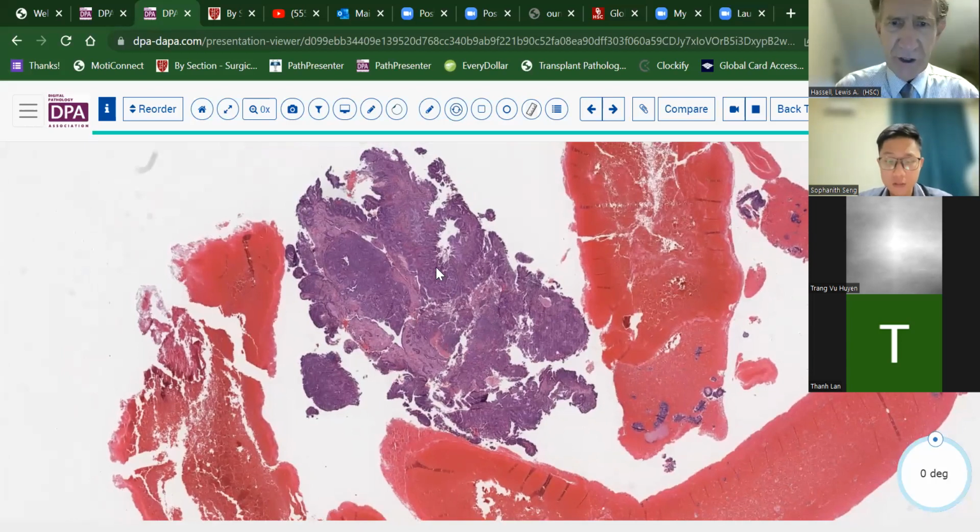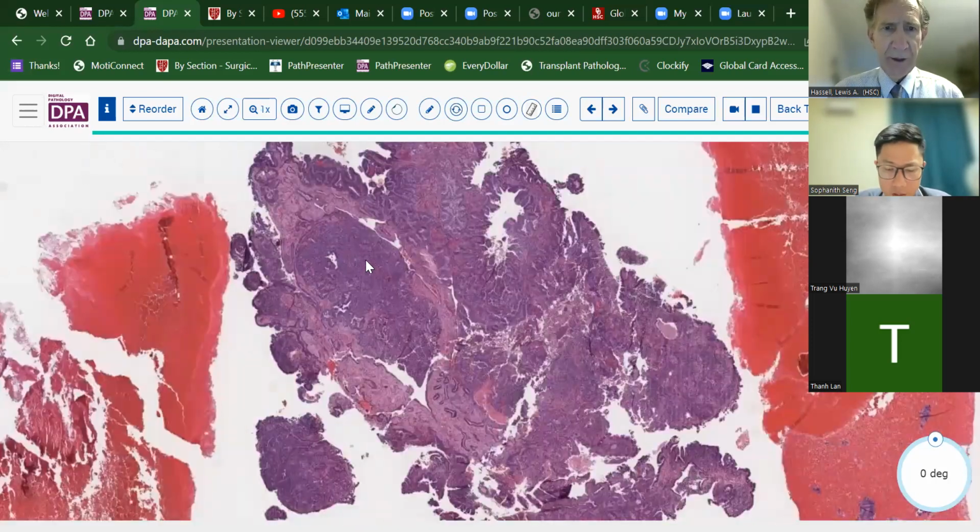So in an older patient, as in this case, seeing a solid proliferation like this at low magnification should immediately make us start thinking about the higher-grade endometrial carcinomas. And that would include serous carcinoma, or endometrioid grade 3, or possibly carcinosarcoma.